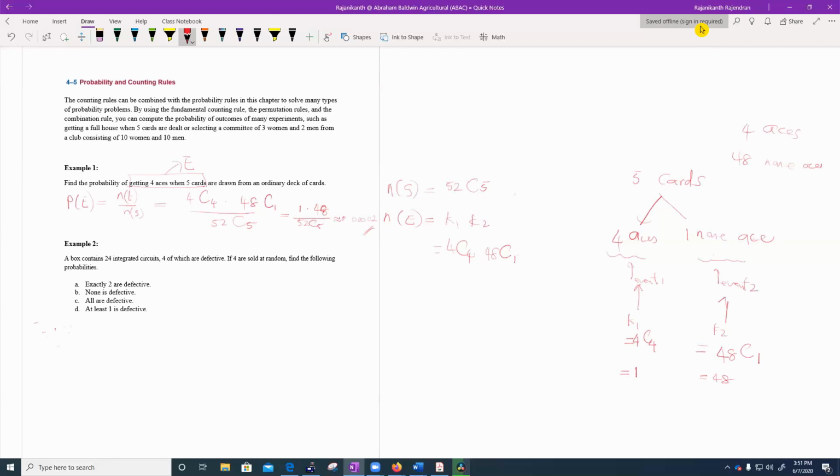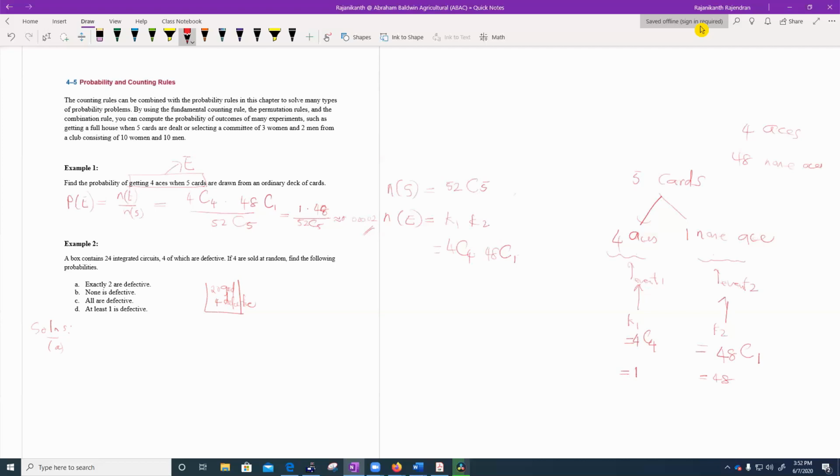Part A. Remember, there's a box. There are 20 good circuits and 4 that are not good, defective. Now, if 4 of them are selected, I don't know which 4, maybe good, maybe bad, maybe all mixed together.